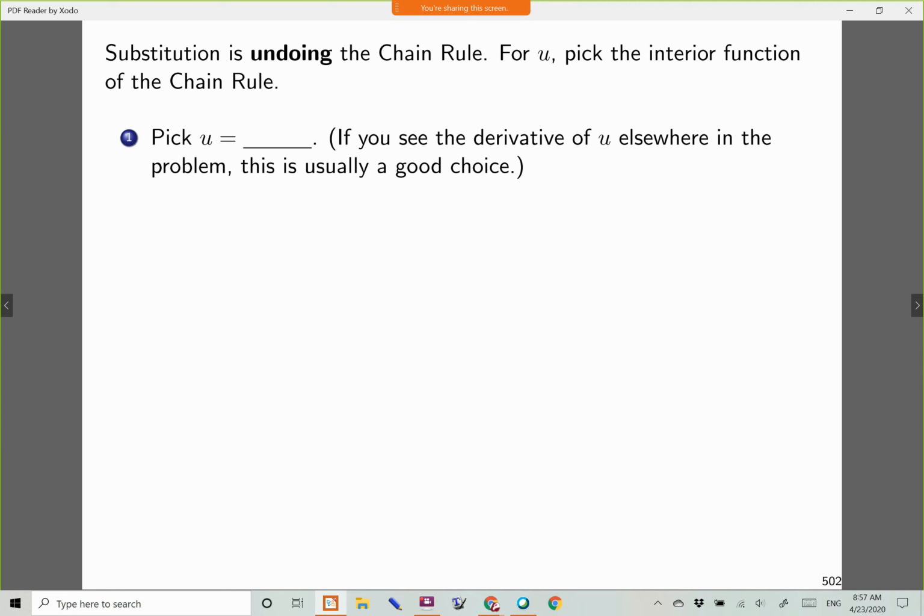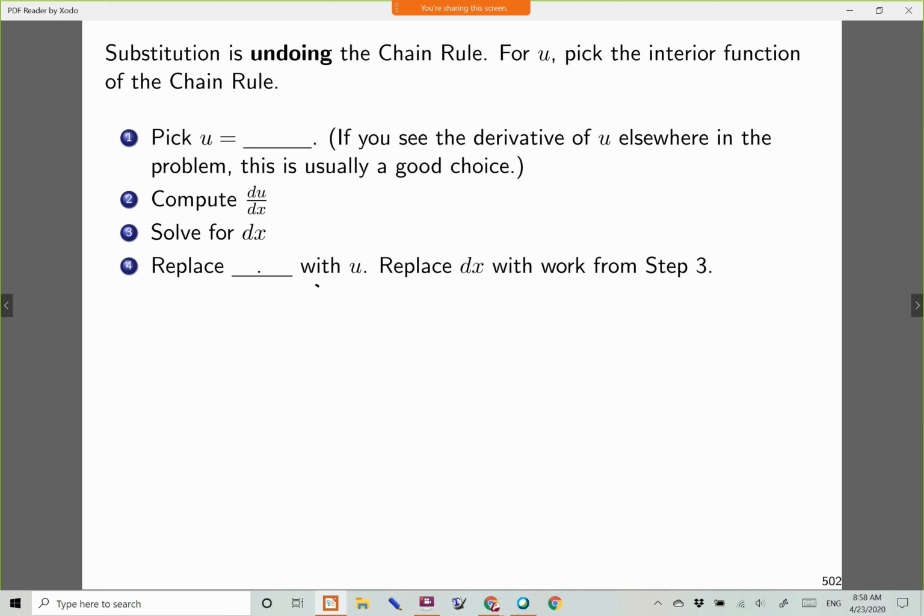And this is a challenging step, right? Picking what u is, and that's why this hint is here. It doesn't always apply, as we even saw in the warm-up, but typically if what you pick for u, if you see the derivative of that elsewhere in the problem, that's usually a good choice. Then you compute the derivative of u, you solve for dx. That first step of solving for dx always involves multiplying by dx on both sides. You'll see that as you write that down.